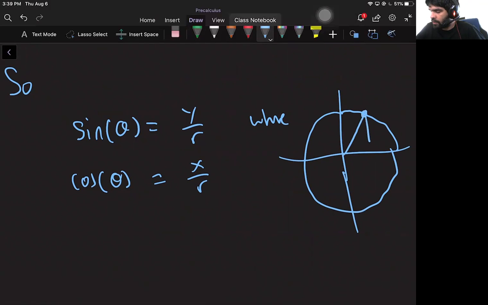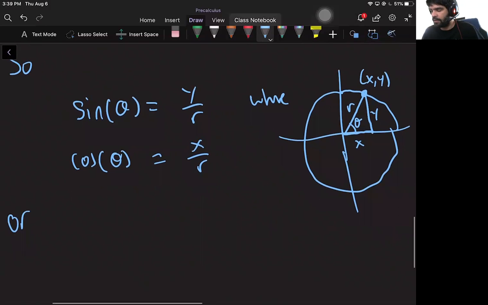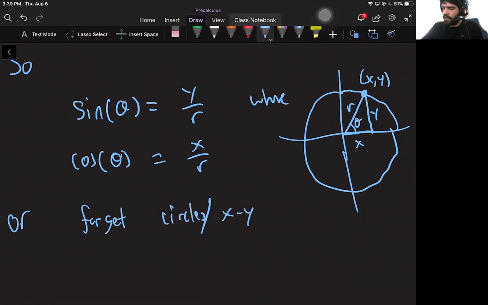So really, you just need a triangle, where you have an angle and it touches a circle, or it just creates a triangle, and it touches at x comma y. Okay, but then sometimes people just take away the fact that they're on the xy axis. So they say, forget the circles and forget the xy axis. What about just the triangle?